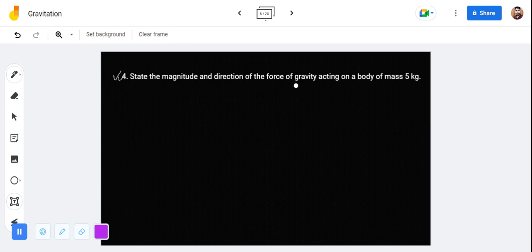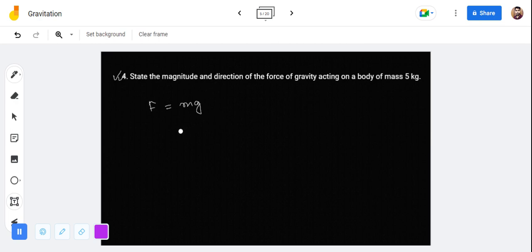Now again, the same type of question. State the magnitude and direction of the force of gravity acting on a body of mass 5 kg. Now for this case, the weight of the body is the force of gravity acting on it. So we can write F equal to mg.